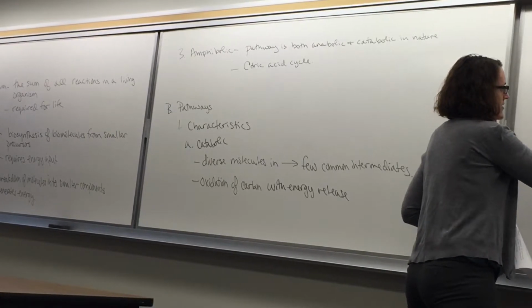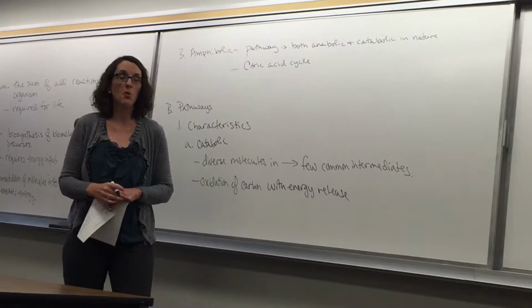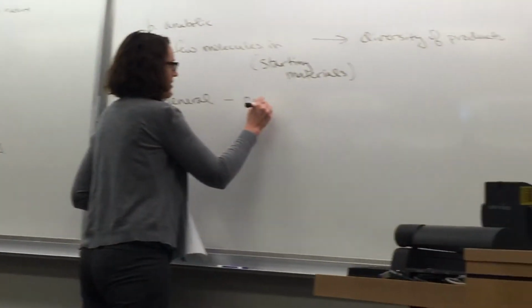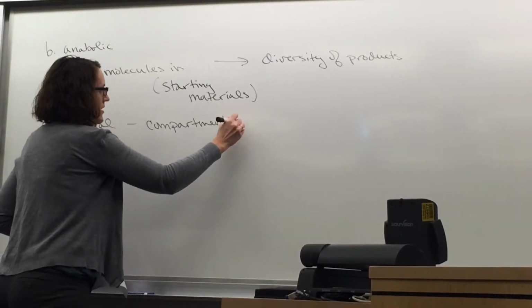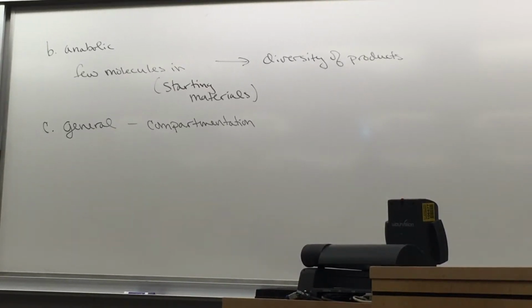And something that doesn't really fit well into any of these categories, but really bears mentioning at this point, is this idea of compartmentation. What I mean by compartmentation is basically if we have two pathways that oppose one another, and the example that I gave in class on Monday was glycolysis and gluconeogenesis, those don't occur in the same part of the cell or even the same part of the body.